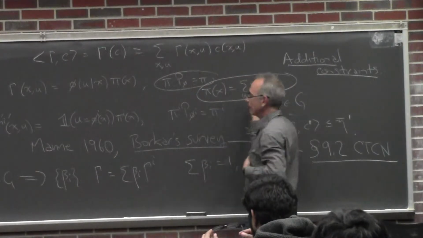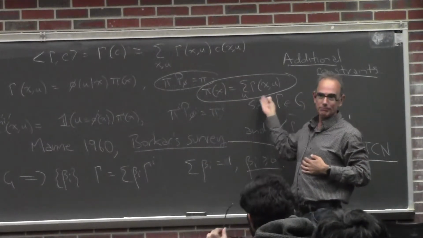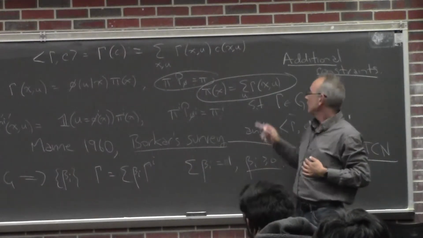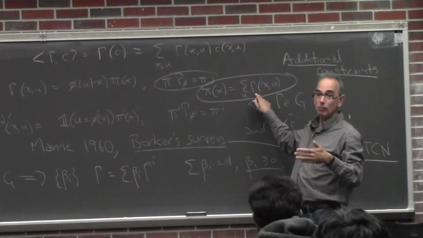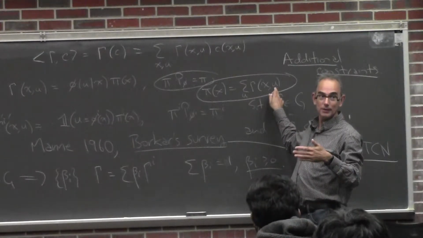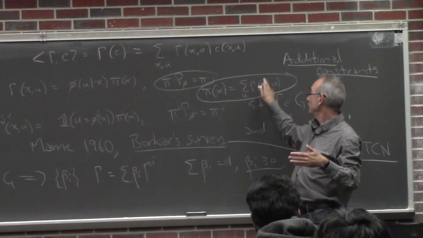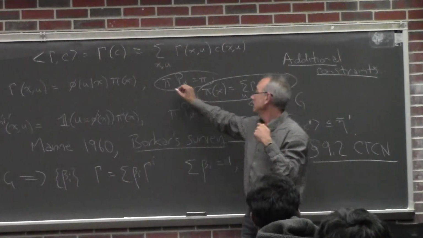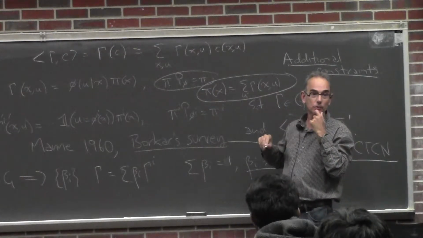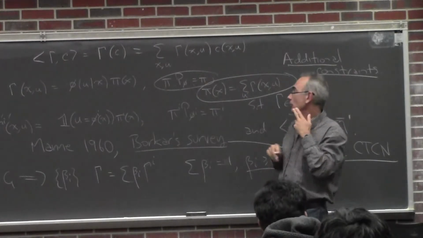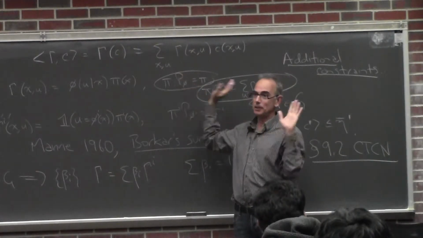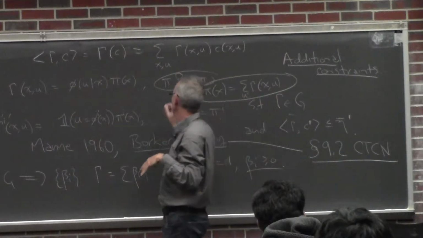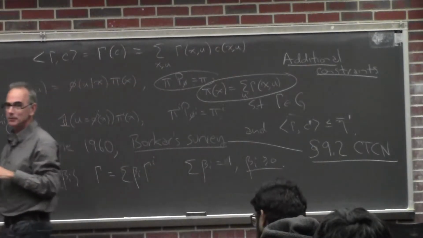That's the marginal, and that's what I meant by pi of x. Gamma is a steady state distribution on pairs x and u. So if I sum out over u, I'll get the steady state distribution on just x itself. That's the definition. If you want intuition, that's it. Gamma is all PDFs for which that holds.